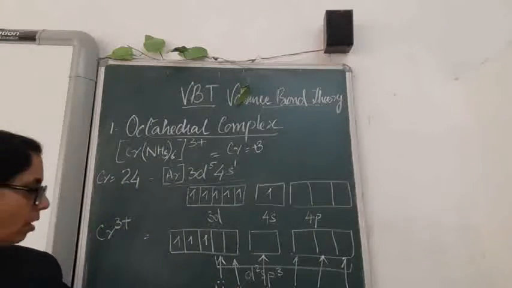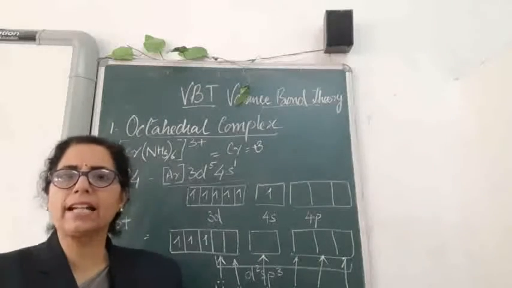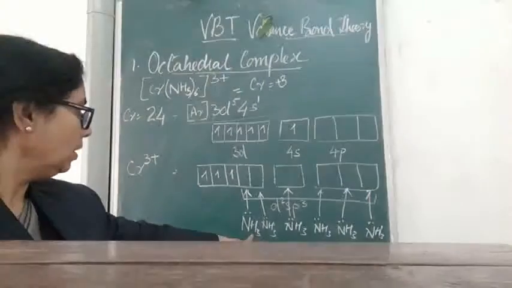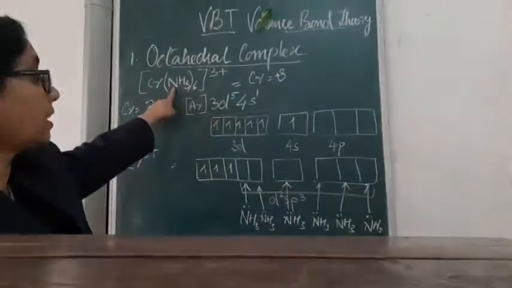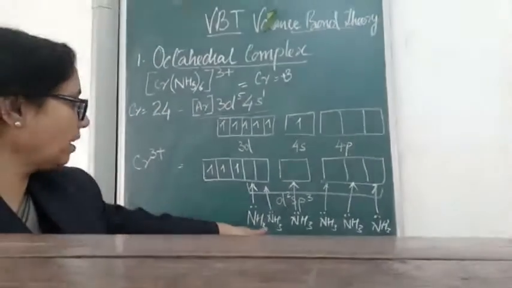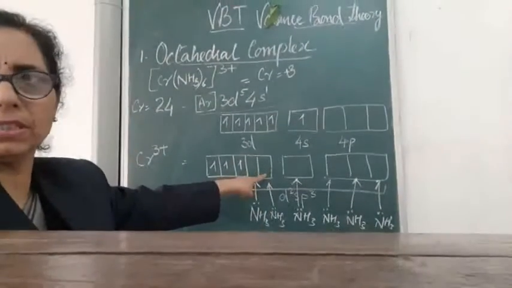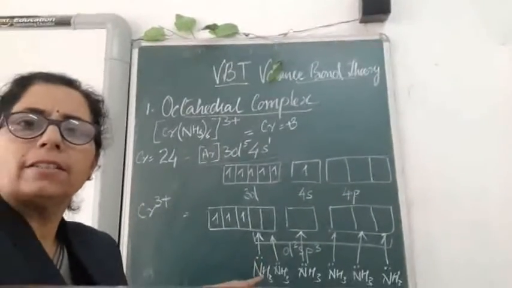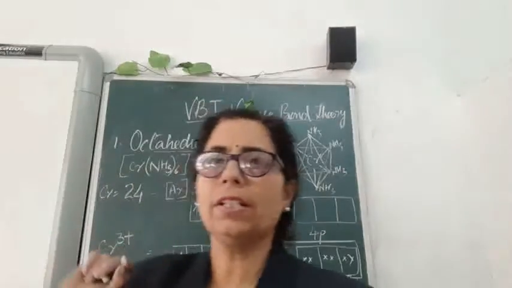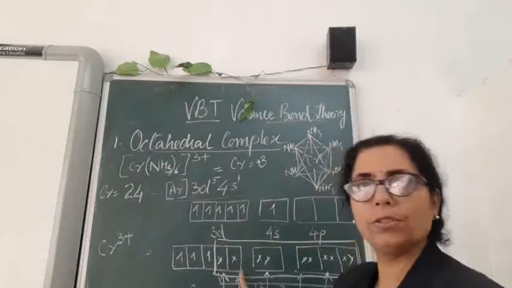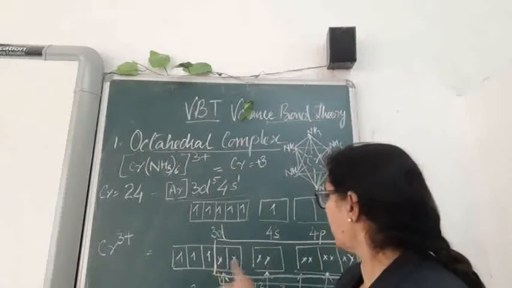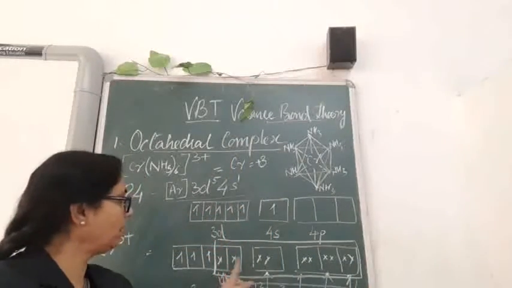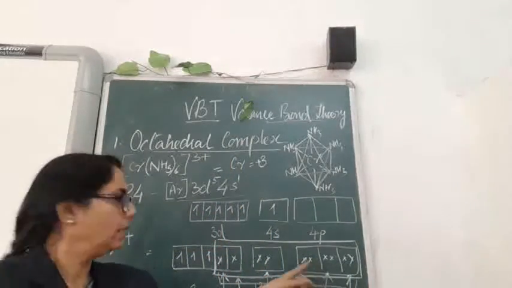In this way, all the 6 ammonia molecules acting as ligands, as you can see here, have to give their pair of electrons to these empty orbitals which have been created. Now, children, I hope this part is clear to you. The empty orbitals formed by these 2 d orbitals, 1 s and 3 p orbitals receive the electrons from ammonia.